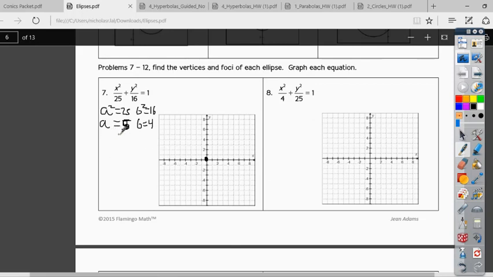And 5 is going to be horizontal, so we go 5 in this direction, 5 in this direction. So we have a vertex at 5, 0, a vertex at -5, 0. We also have B is 4, so we have a vertex at 0, 4, and a vertex at 0, -4. Draw the ellipse.